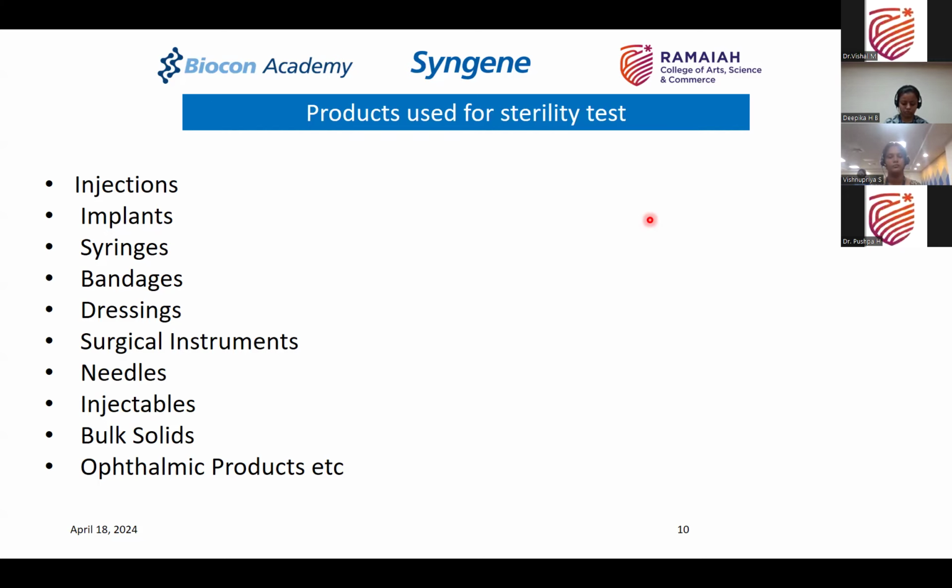For pharmaceutical products, once the production has happened in the company, various validation and quality control have to be done. During that, one of the things is microbiological analysis, where we see whether these products are devoid of viable organisms or not.